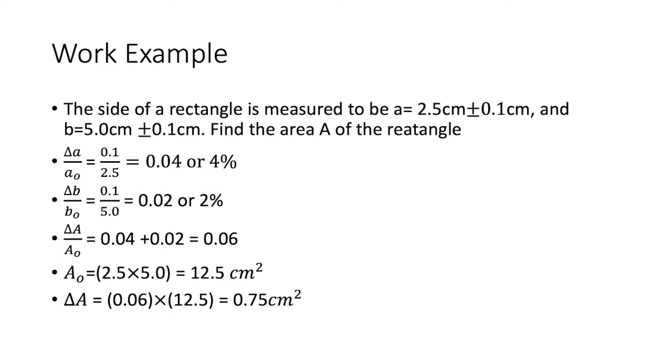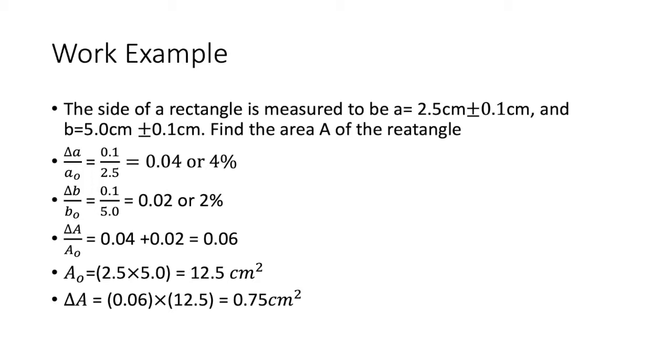Then we need to calculate the fractional uncertainty of the area. You just add the fractional uncertainty of A and the fractional uncertainty of B. So it's equal to 0.04 plus 0.02, giving us 0.06. Now we need to calculate the area A naught of the rectangle, which is equal to 12.5 square centimeters.